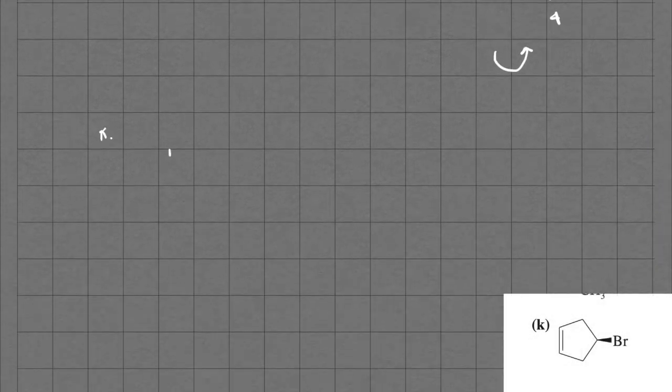Next problem, we have this brominated pentene ring. Here is our stereocenter right here. Or is it a stereocenter?